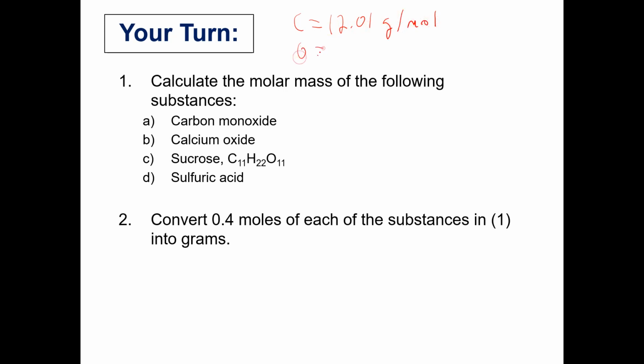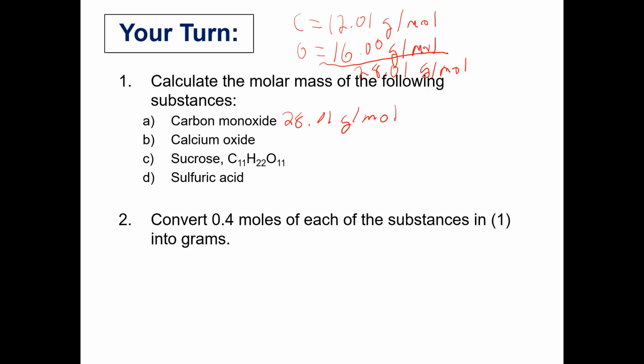And oxygen comes out to 16 grams per mole. So if we add that together, we get 28.01 grams per mole. So carbon monoxide has a molar mass of 28.01 grams per mole.